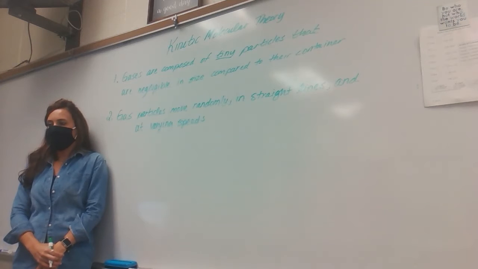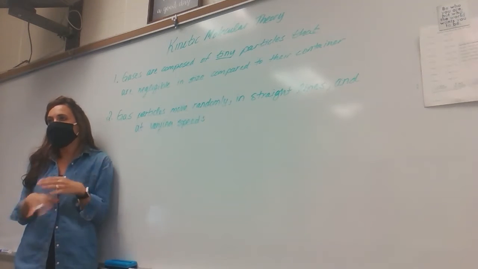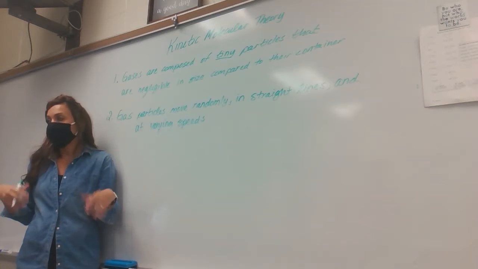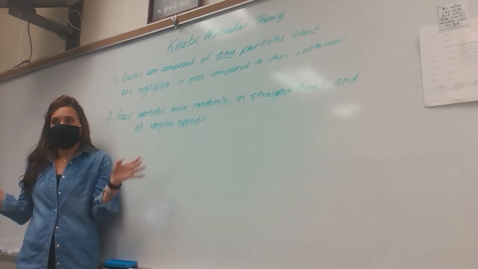We know this, we talked about this already, but with gas particles, you can't predict where they're going to go next. They're moving in all directions. They collide with each other, they collide with the walls of the container. They're just random.